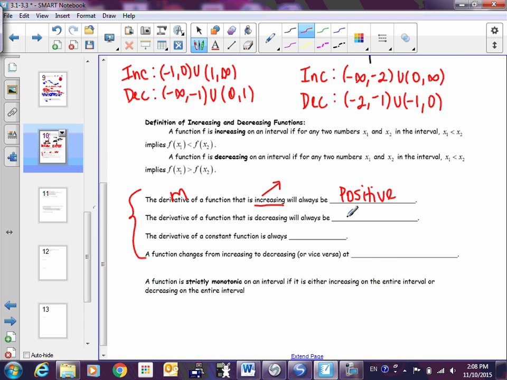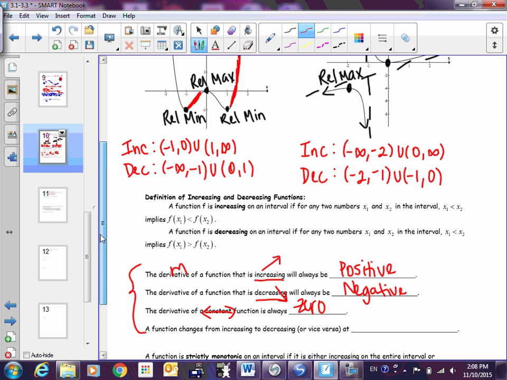All right, so then what would the next blank be? The derivative of a function that is decreasing will always be negative. And we know a lot about derivatives, so we're going to stick with what we know. Derivative of a constant function. This would be like a horizontal line. 0. A function that changes from increasing to decreasing or vice versa, that happens at what?